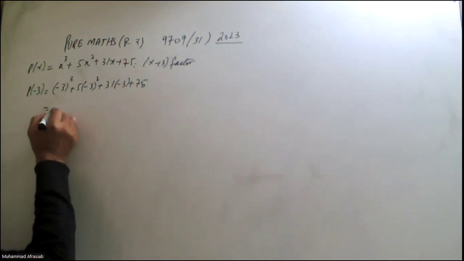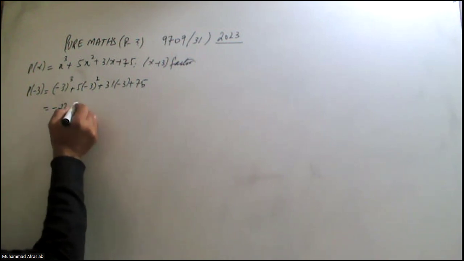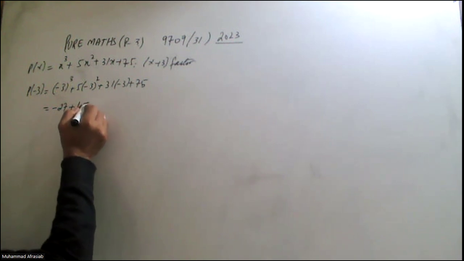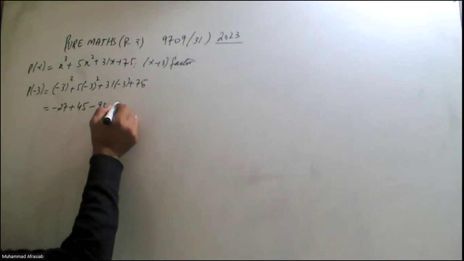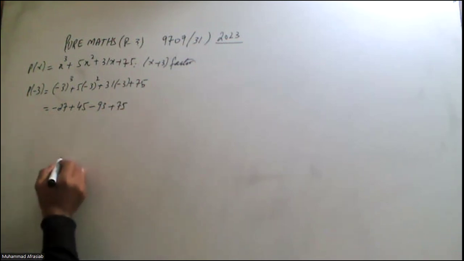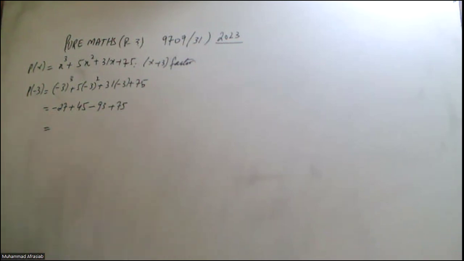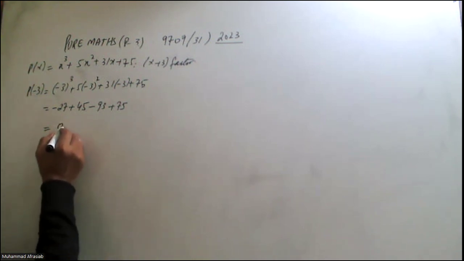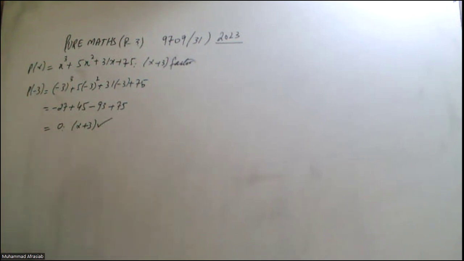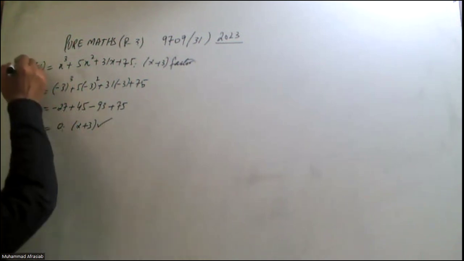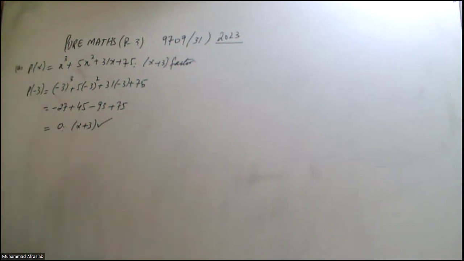This is equal to minus 27 plus 45 minus 93 plus 75, which is equal to 0. So this shows that x plus 3 is a factor of P of x. That is part A.